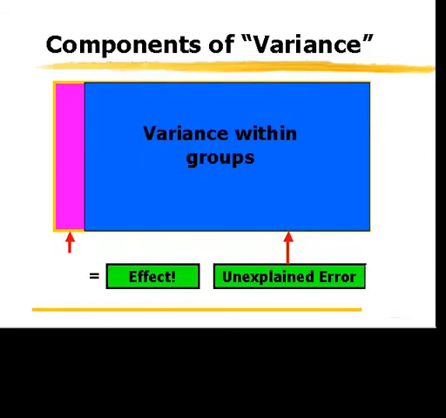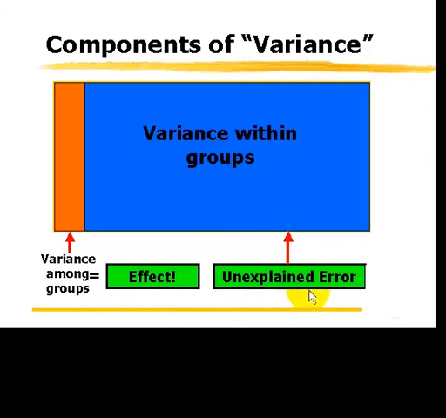It's broken up into the variance within the group and the variance amongst the groups. Now, when we get to it a little bit later on, what we're going to be talking about are the main effects. This variance amongst the groups, if it is larger, means that the treatment has had more effect.